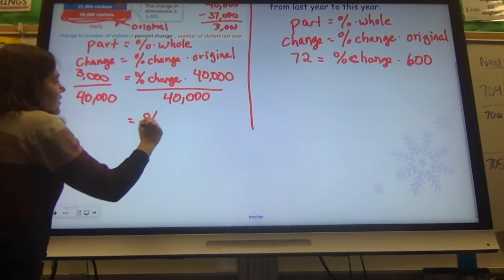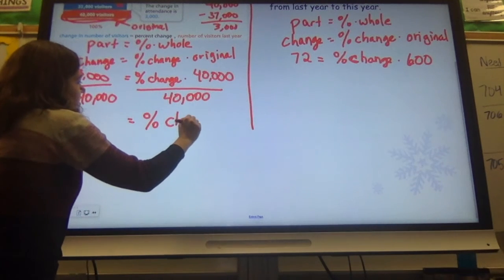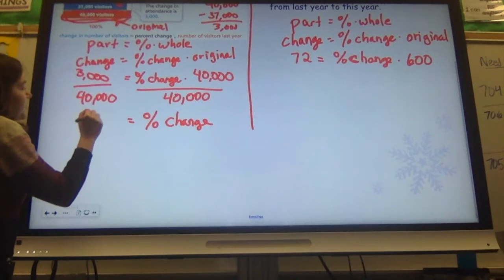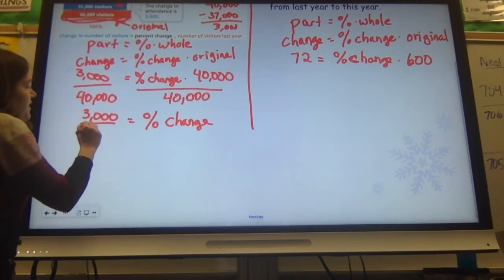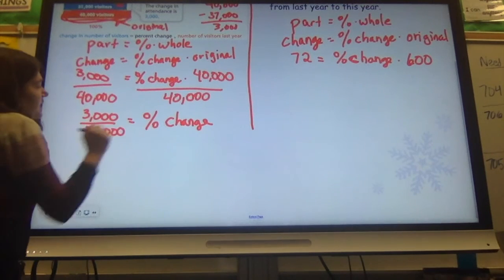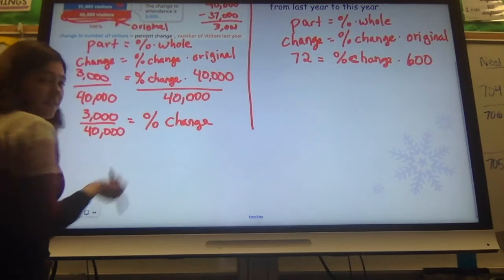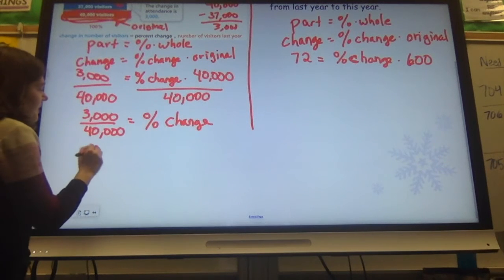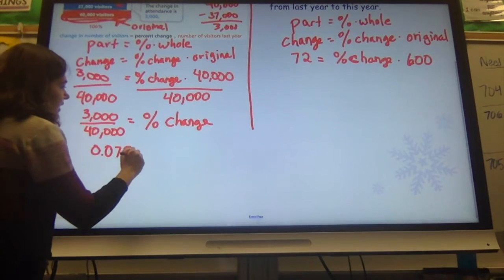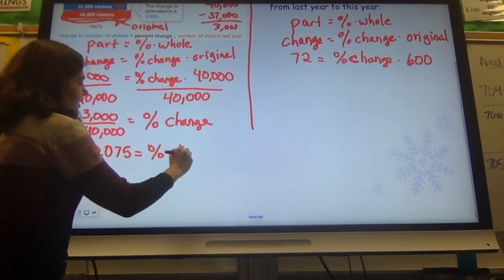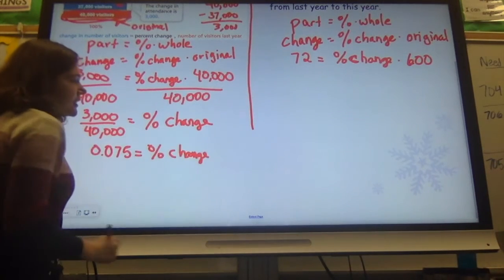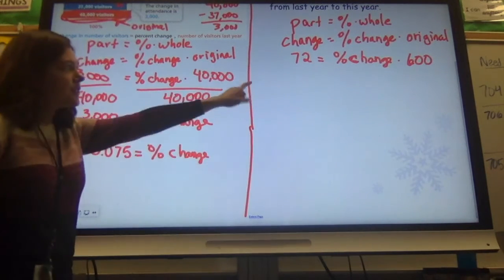So my percent change is going to be equal to whatever 3,000 divided by 40,000 is. Okay, and when I divide that out on a calculator, I'm going to get 0.075 as my percent change. Okay, we're not done there, but I'm going to pause there and I want you to do the same thing.